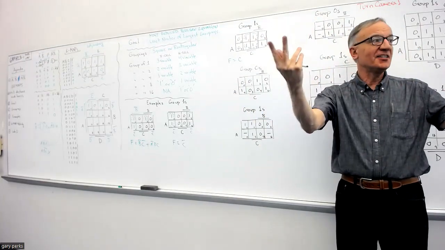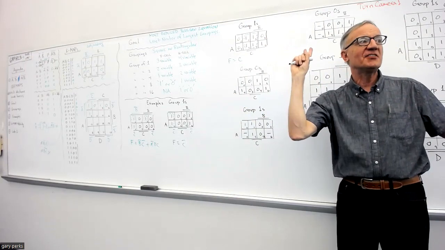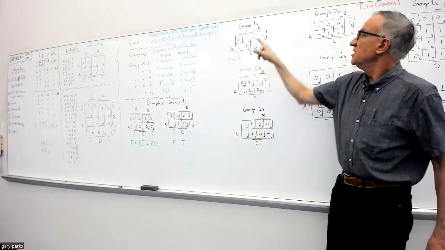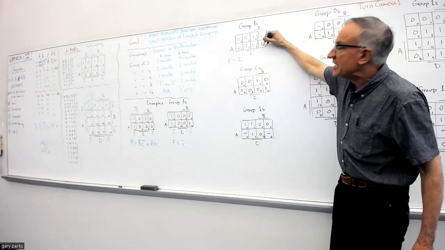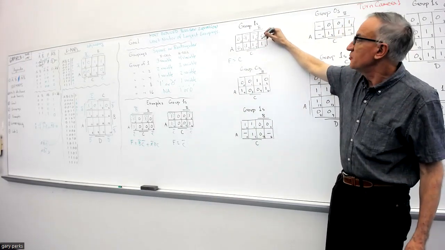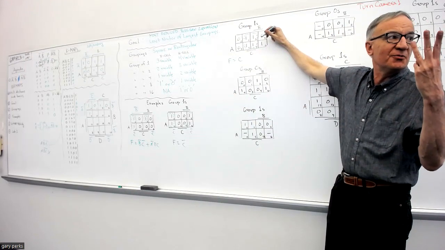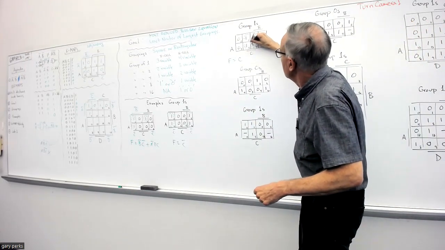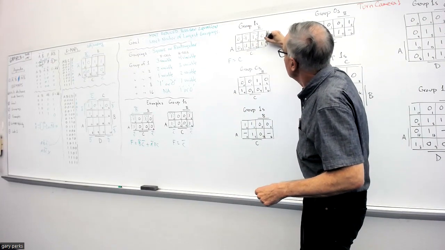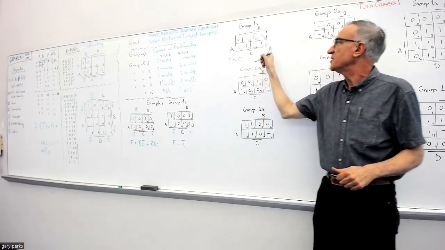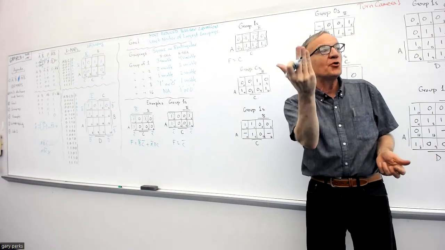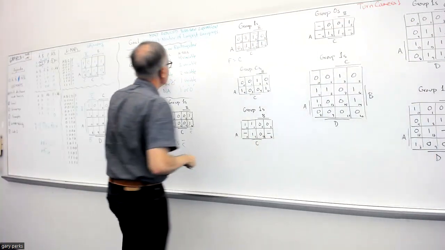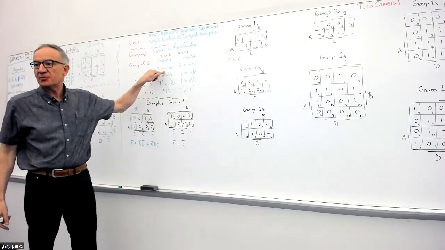Now, here's another thing you can do, and this is the reason why I have this example. Groups can overlap. So instead of just doing a single group of 1, which would give me a term with 3 variables, I would group this with this one and make a 2 group. You see, I can overlap, if by overlapping I'm going to get a more reduced equation, right? Because a 2 grouping gives me a term with 2 variables, right?